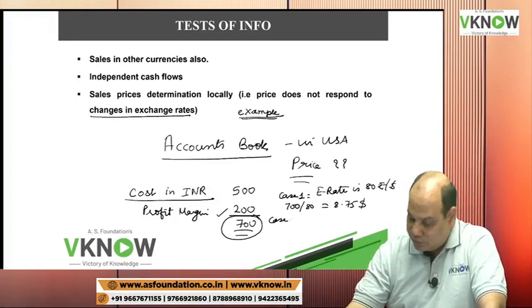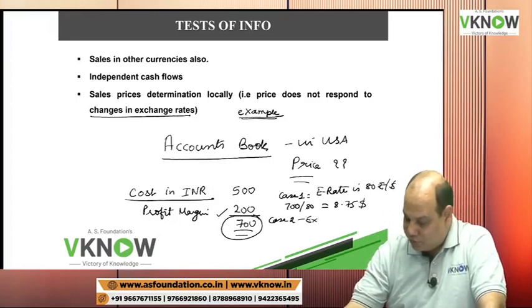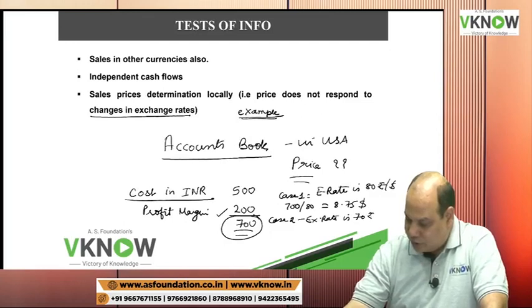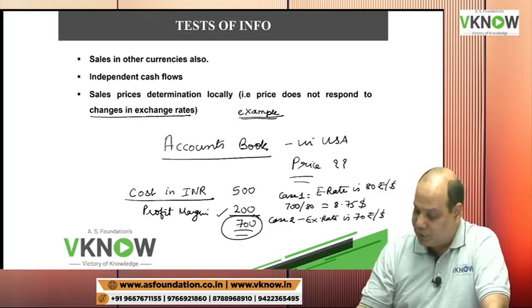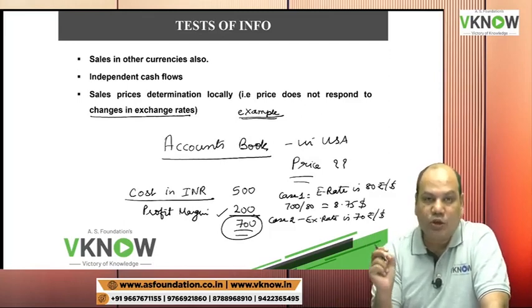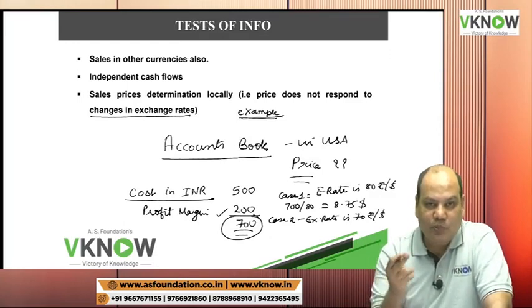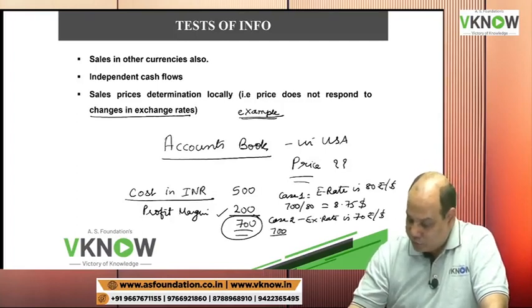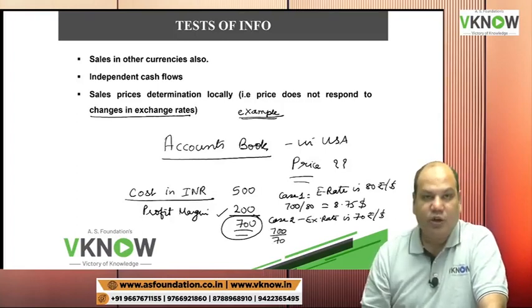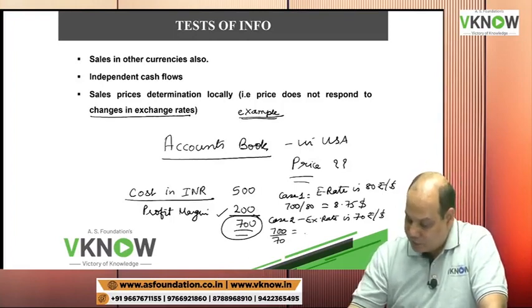Case 2. Exchange rate is 70 rupees per dollar. At what price will these goods be sold in foreign land, now in USA? 700 divided by 70 is $10.